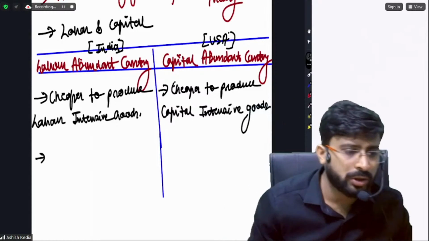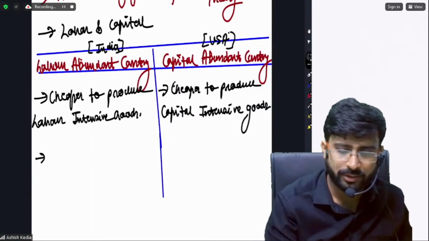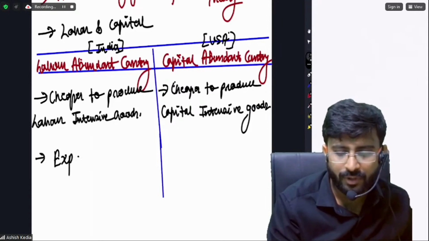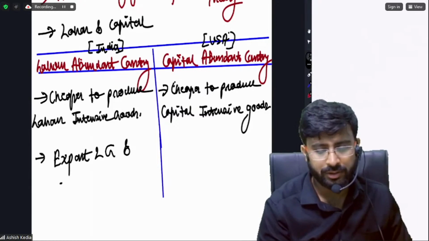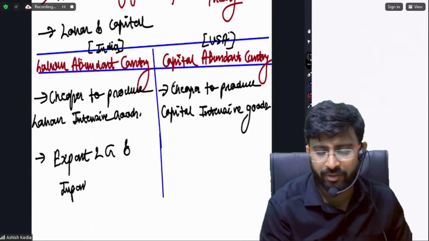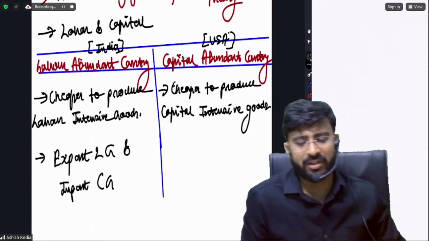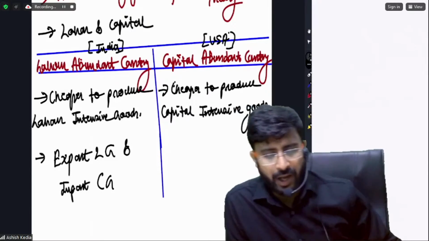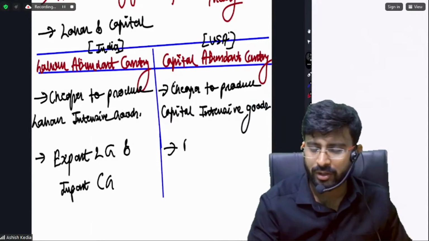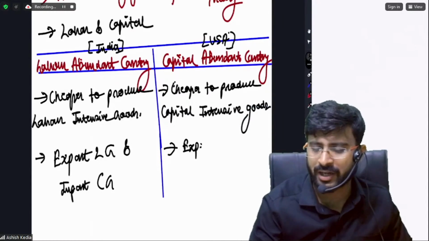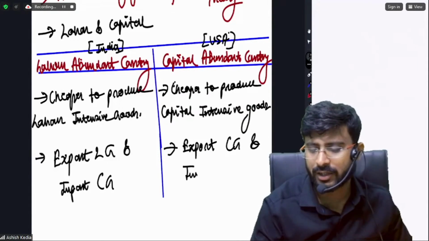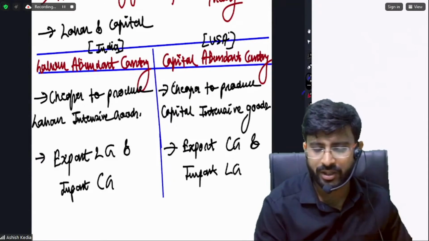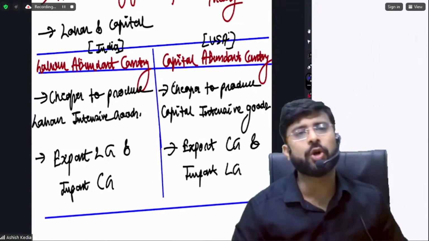What will they do? They will export labor goods, LG. LG is labor goods. And they will import capital goods because there is scarcity of capital here. And countries which are capital abundant will export capital goods like America, and they will import labor oriented goods. That is the logic. This is the factor endowment theory, friends.